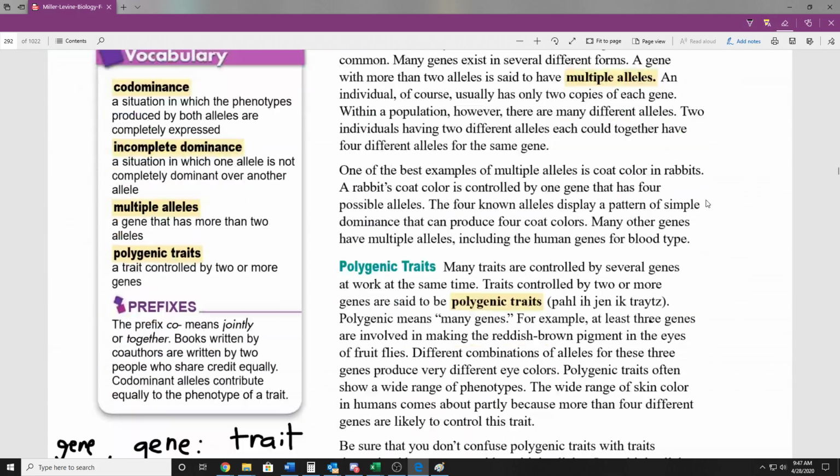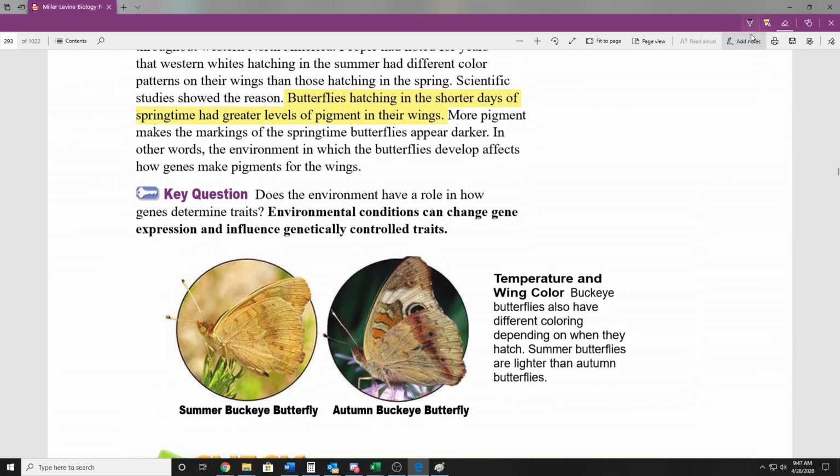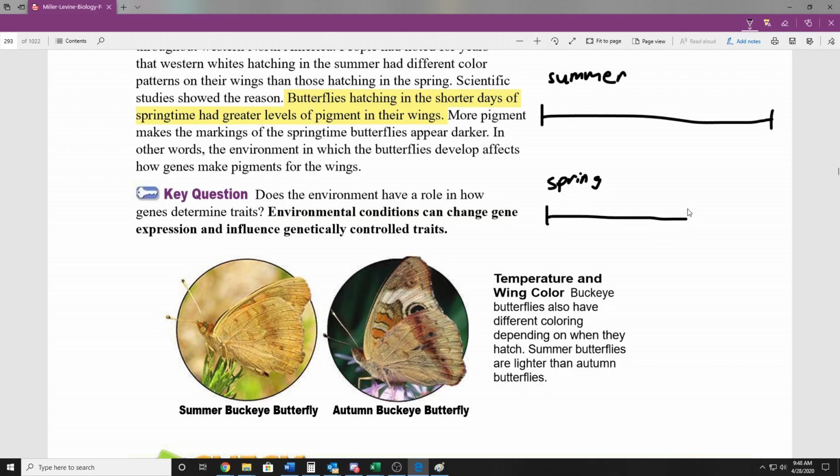Let me try to draw this out. I'll go down here. So in the summertime, right, we have longer days. Much longer days than if we were in the springtime. So we'll have a little short day right here.